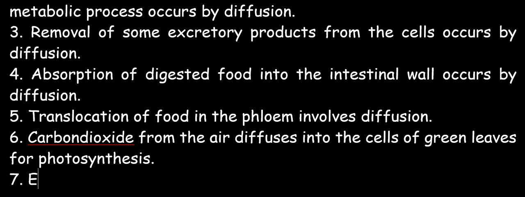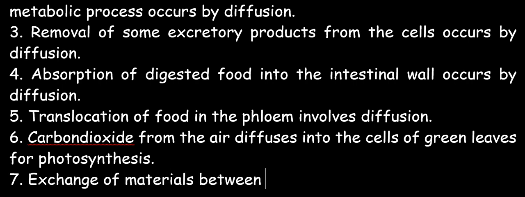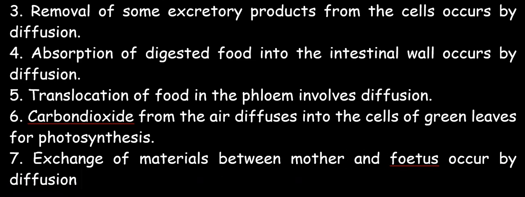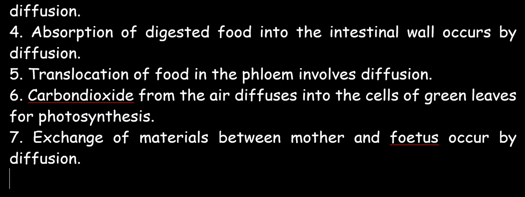7. Exchange of materials between mother and fetus occurs by diffusion. When the fetus is still in the womb, the way the fetus gets its nutrients is through the process of what? Of diffusion. 8.